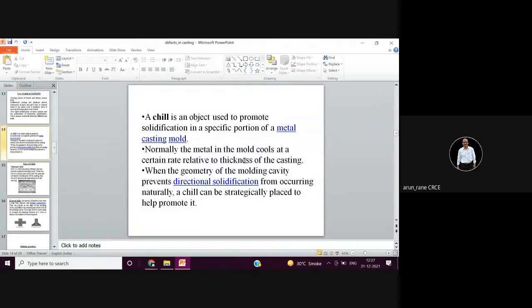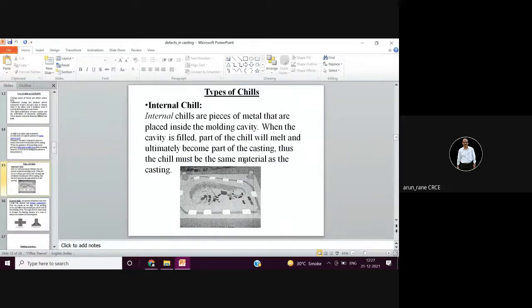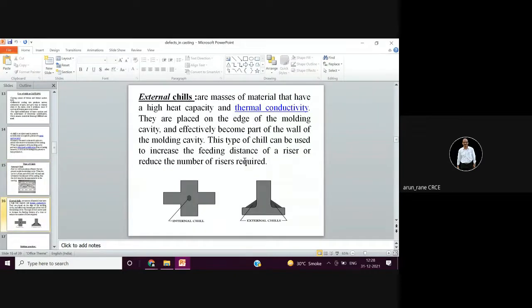These are the different types of chills: the internal chills, and these are your external chills.